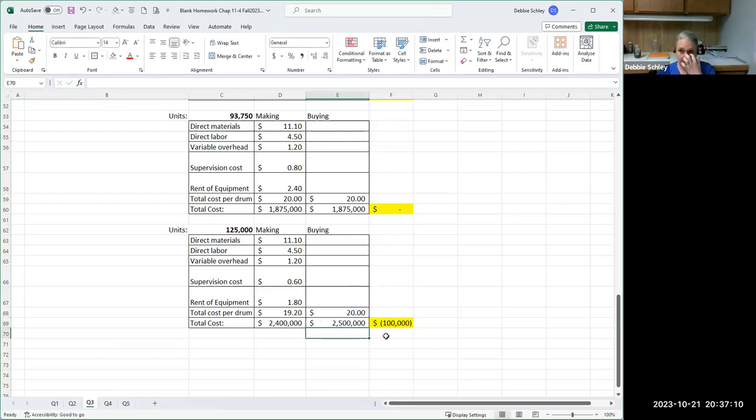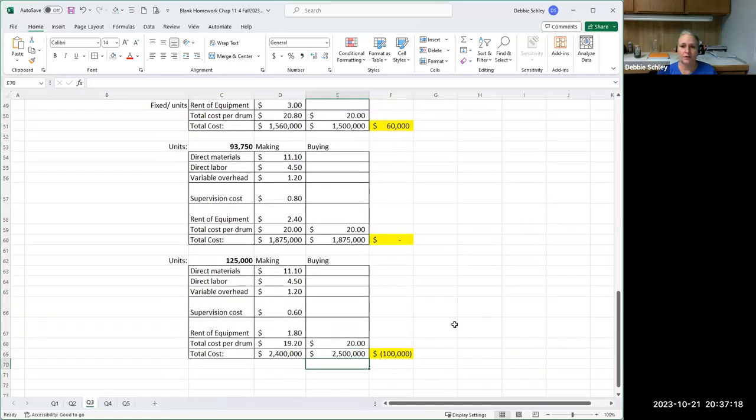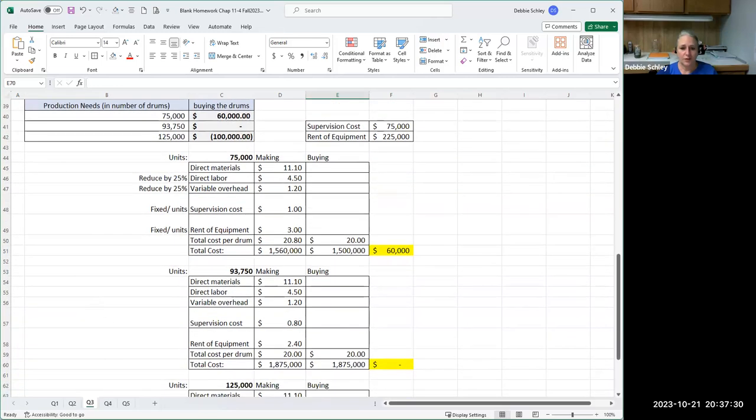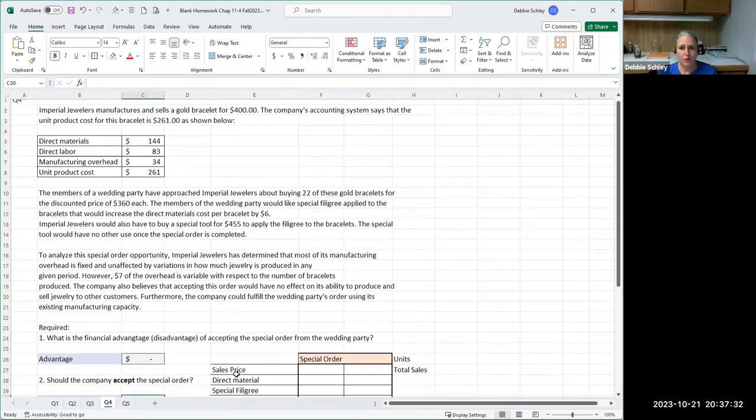And that becomes a disadvantage, right? Because it came out negative. Making minus buying equals negative 100,000. So make sure that you put a negative in front of your answer when you enter this one into the books. Okay, that's question 3. Question 4.